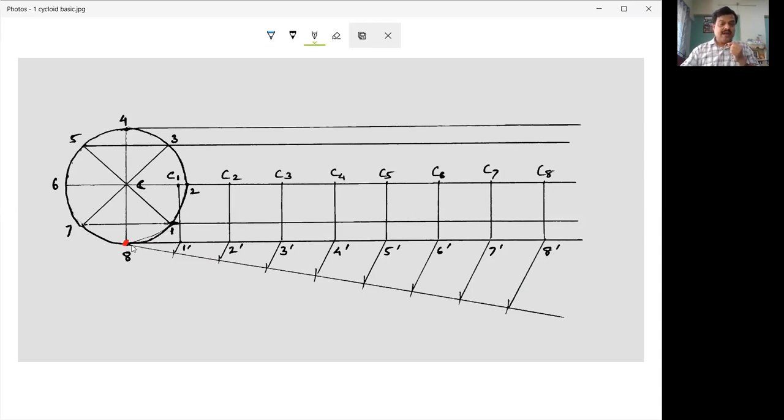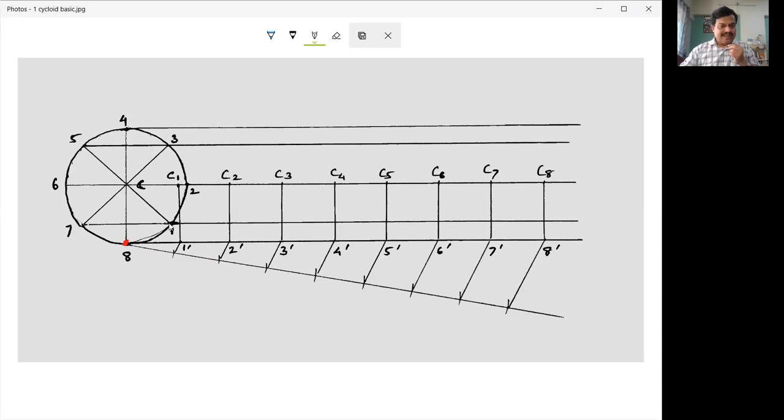Now, do you see, as the wheel rolls, point 8 is going to take up the position of 7. 7 would take up the position of 6. 6 would take the position of 5. So every point is going to advance in this clockwise direction by 1 step as the center goes 1 step forward.